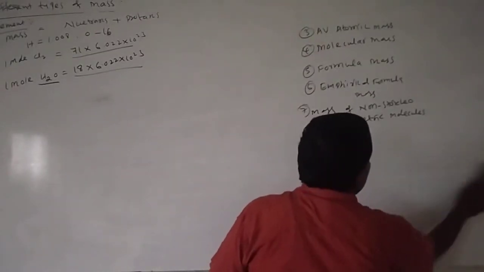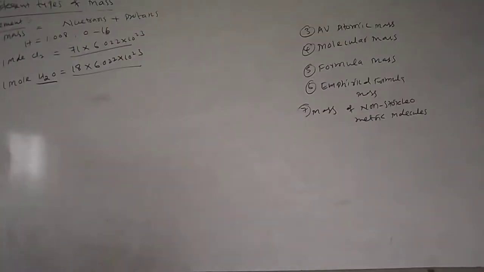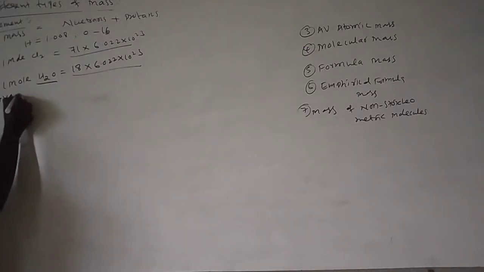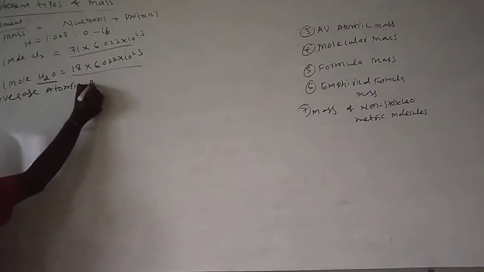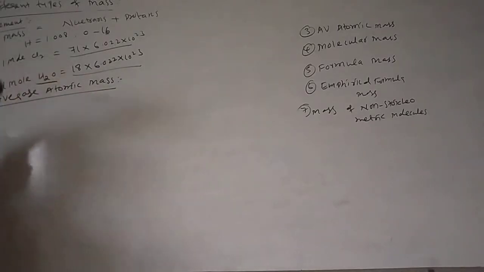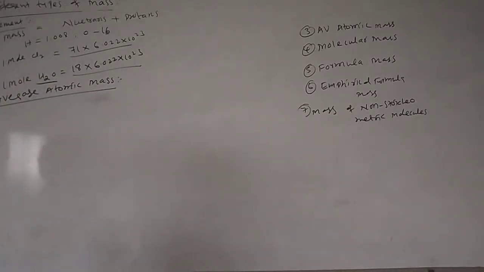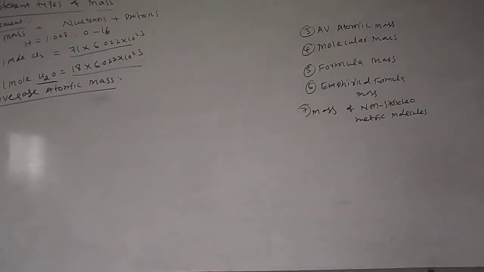In continuation, one more important topic: different types of molecular mass, average atomic mass. Before starting the basic concepts in chemistry, I said the atomic mass of chlorine is 35.5.